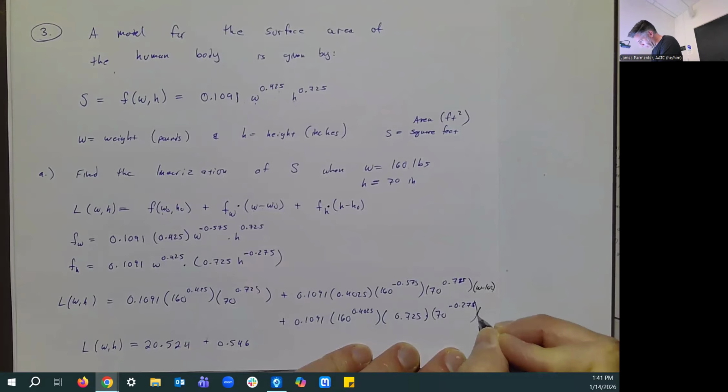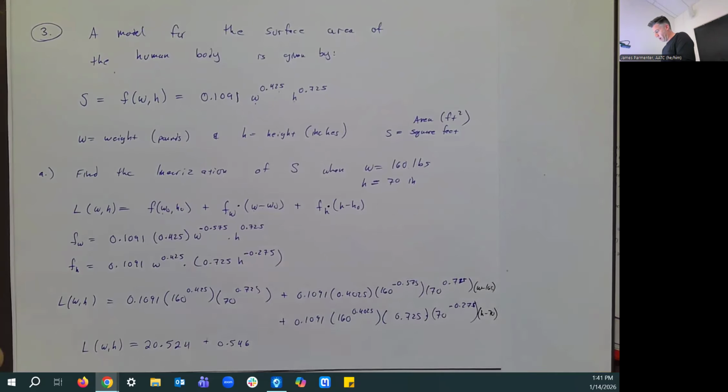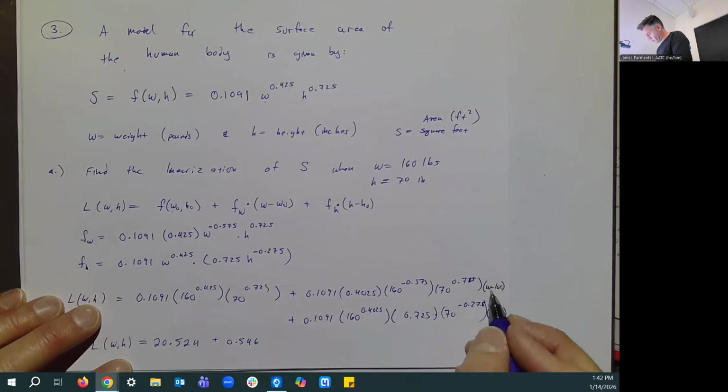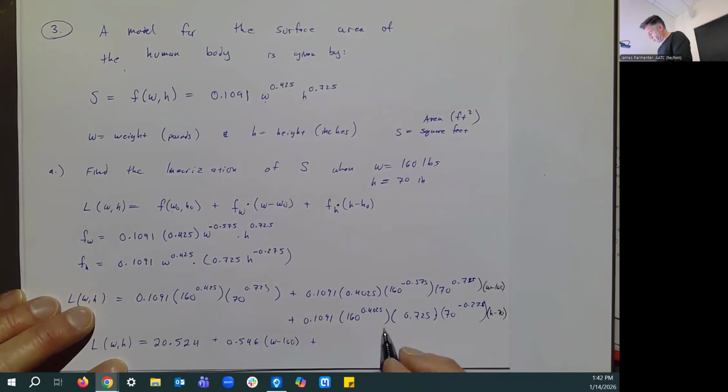And I forgot here the H minus 70. Jeez, too much going on. So this part here is about 0.546 times W minus 160, plus this is about 0.231. 213, apologies, times H minus 70.